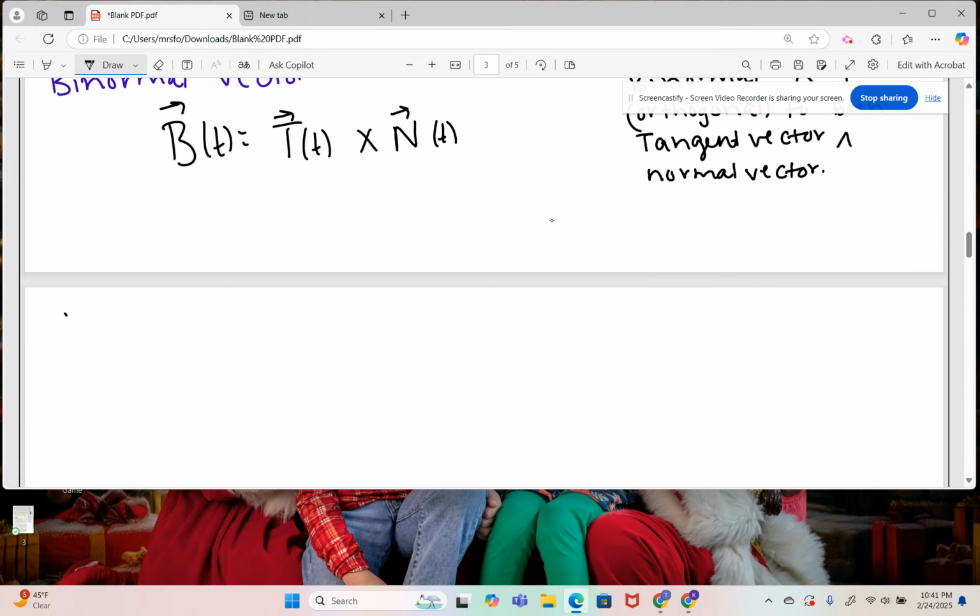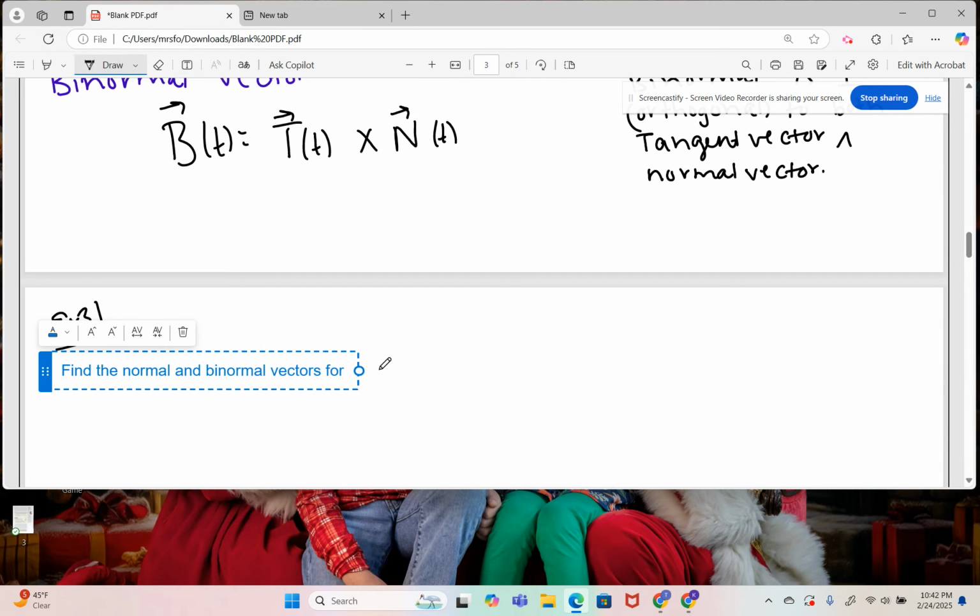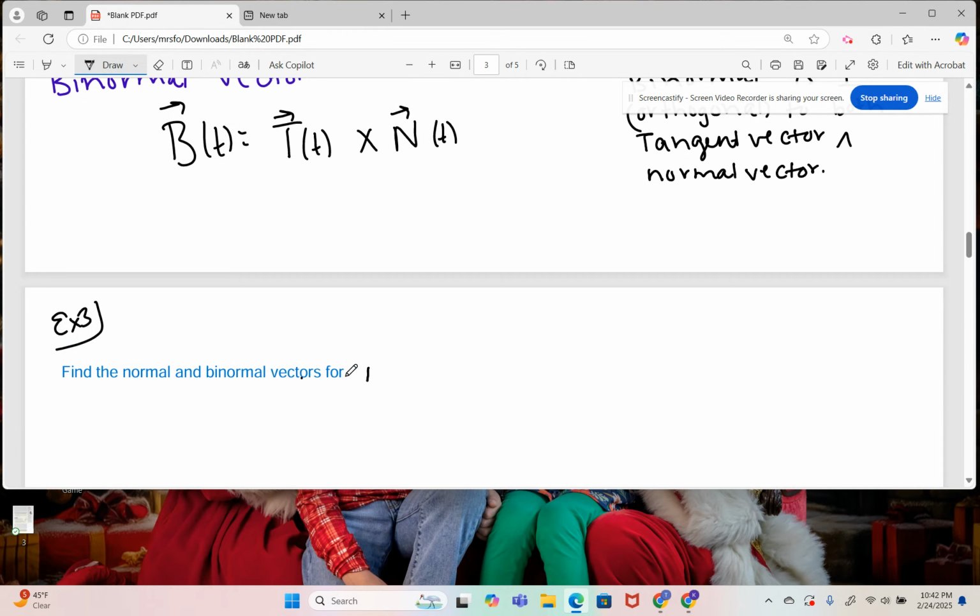So, example, I guess this is only really example 3. Alright. So, I'm going to type the question and then, you know, write the vector part. Find the normal and binormal vectors for, why is this not, there we go.